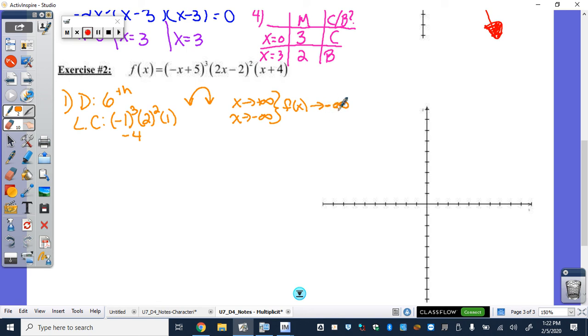Both going down. All right, second step. Figure out our zeros and our extrema. So how many zeros are we going to have? 6 of them. How many potential extrema will we have? 5.